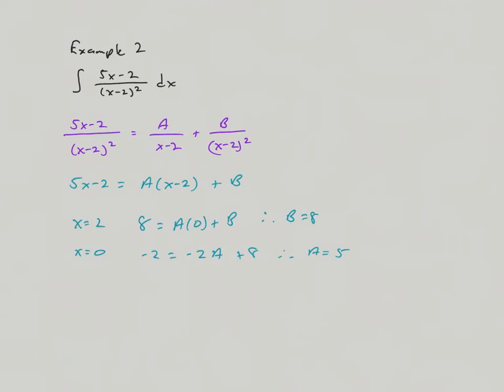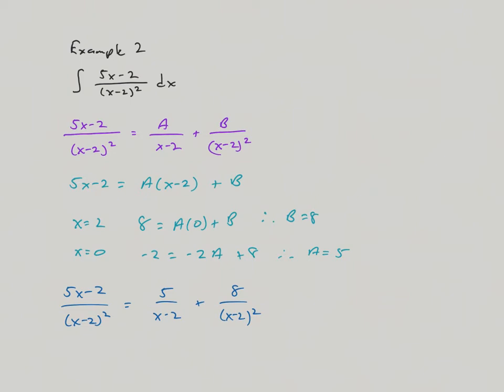So now I can say that 5x minus 2 over x minus 2, that quantity squared, is equal to 5 over x minus 2 plus 8 over x minus 2 squared. And so when I integrate this one now, I can just go through the antiderivative of 5 over x minus 2.